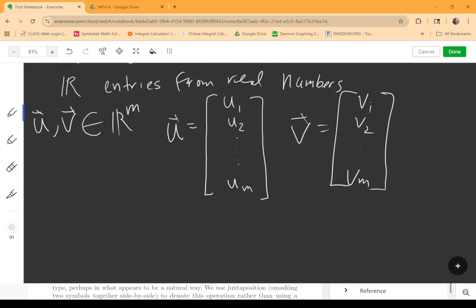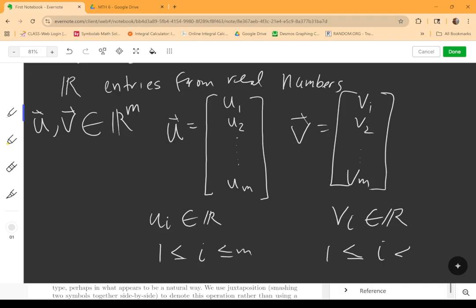All right, where these u_i's are an element of the real numbers, where i is a subscript, 1 less than or equal to i, less than or equal to m. And the same thing here, the v_i's are an element of the real numbers, where 1 is less than or equal to i, less than or equal to m.